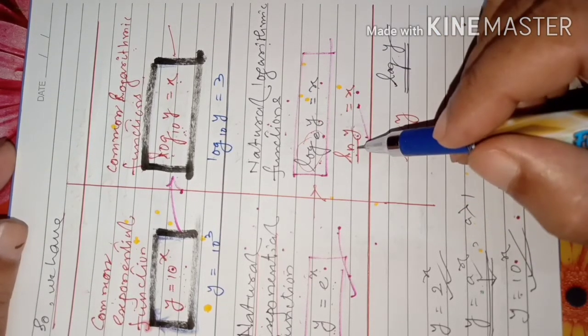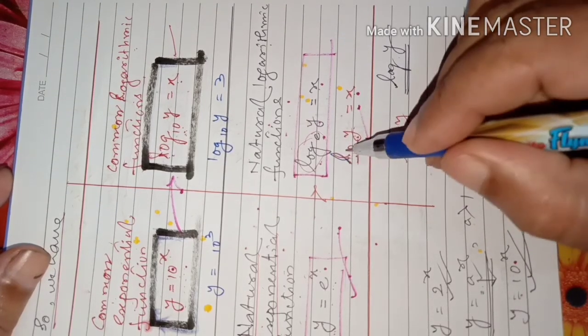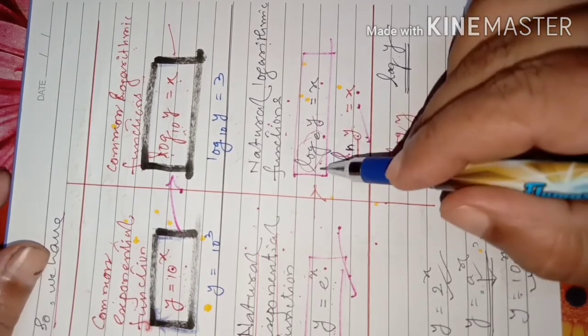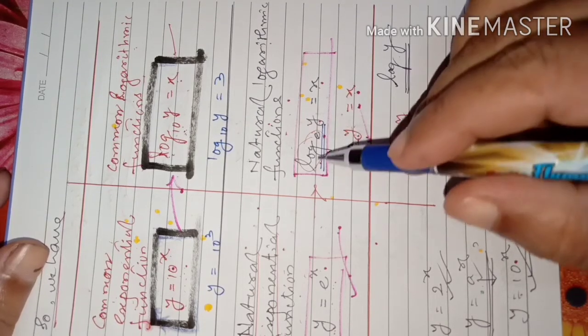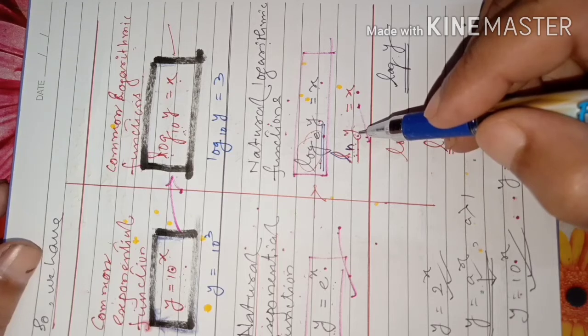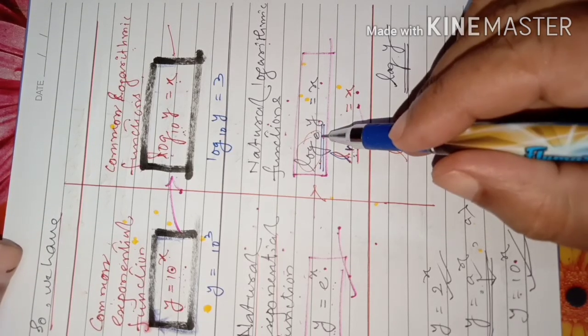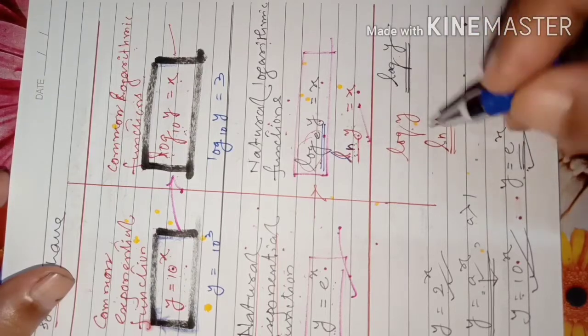Okay, which is also written as, I forgot to tell you, ln y means natural log. When the base is e, you can write in short like this, ln y means natural log. And when you have the base e, you don't require to mention the base. When you don't mention the base, we understand.